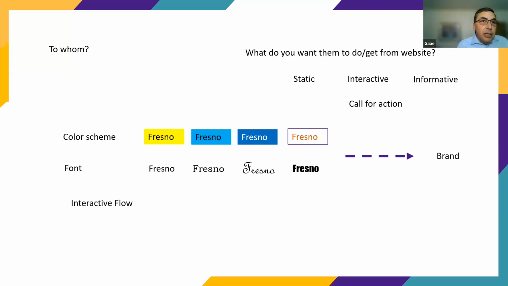And also you have to think about what the interactive flow is, right? You want them to start on one page, and then from that page, take them to another page, or you want them to start and then go from that page into another page. You want, I would say, a top to bottom process, where they click on a page and then from that page they go to the next one and the next one?